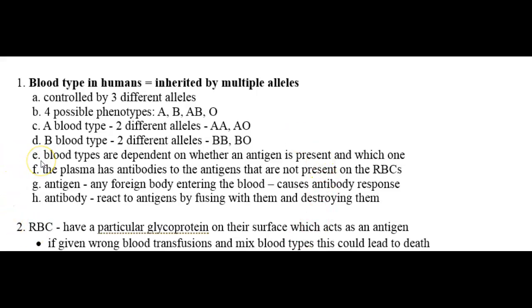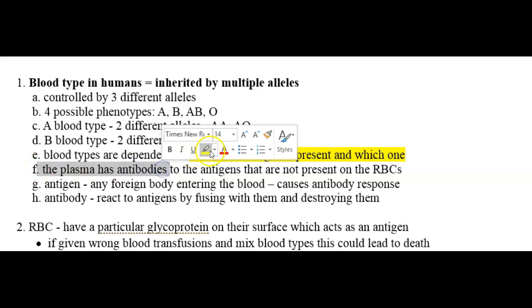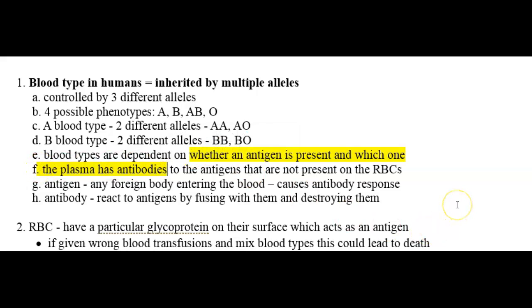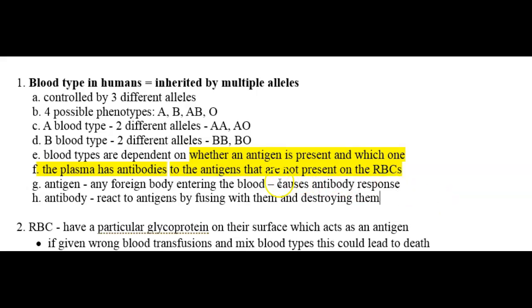So let's look at here. Blood types are dependent on whether an antigen is present and which one. The plasma has antibodies to the antigens that are not present on their red blood cells. An antigen basically is anything that can cause responses from antibodies.